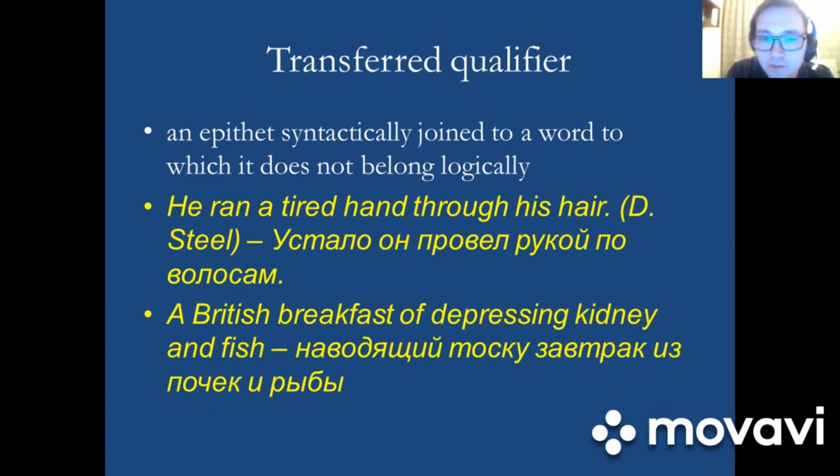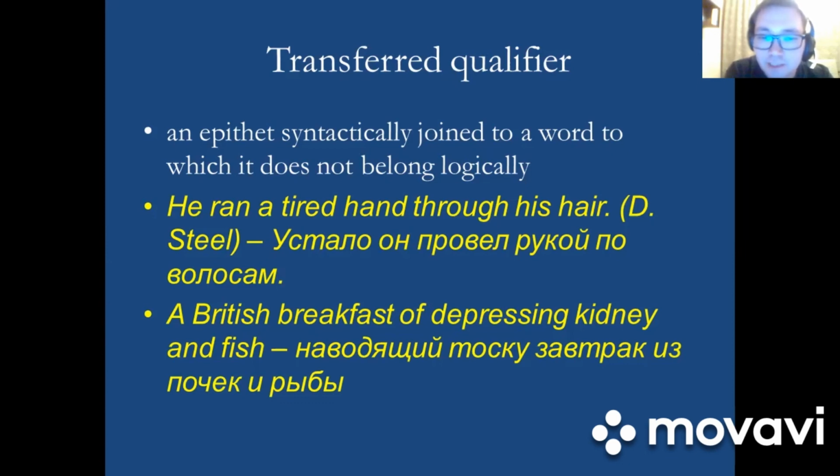So let's look at some of the examples here. He ran a tired hand through his hair, and the translation is устало он провел рукой по волосам. Here the word tired is used as an attribute to the word hand, but we should understand that a hand cannot be tired. A person is tired, and a hand is a part of the person, right?